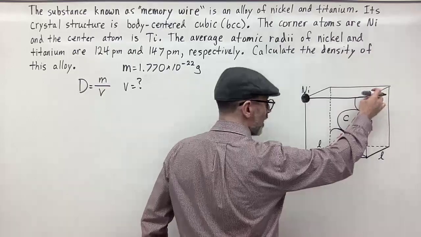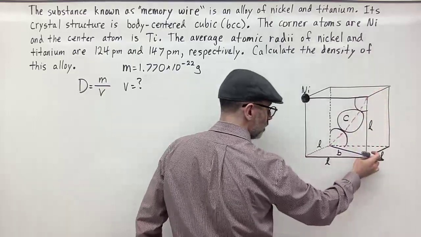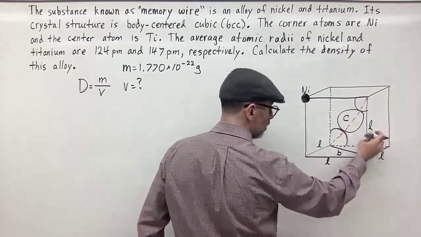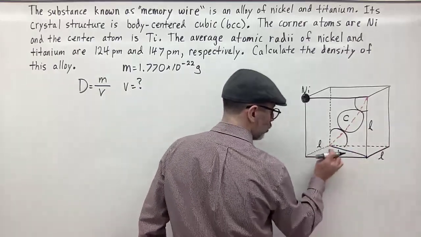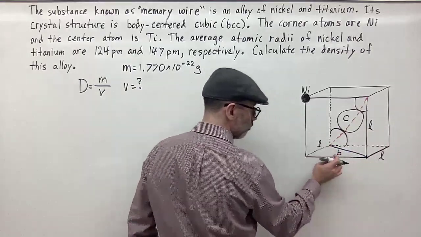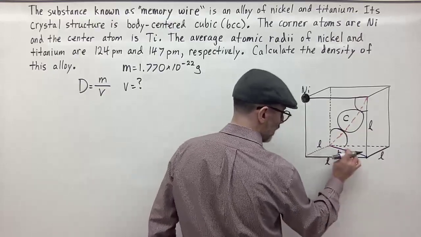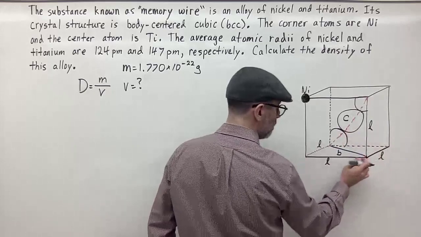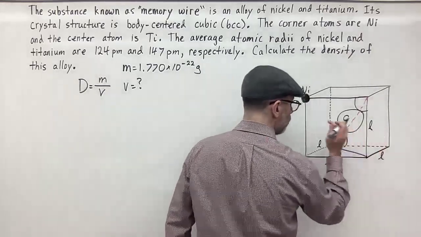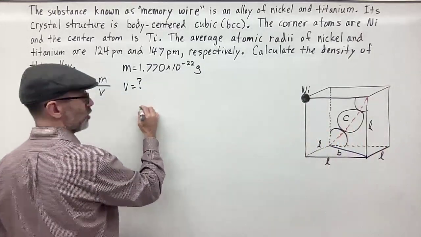So this side of the cube squared plus this side, B, right? Or not the cube, but this line here of this triangle, this is a right triangle. So we're going to use the Pythagorean theorem.